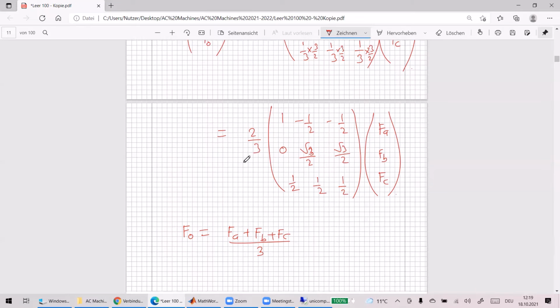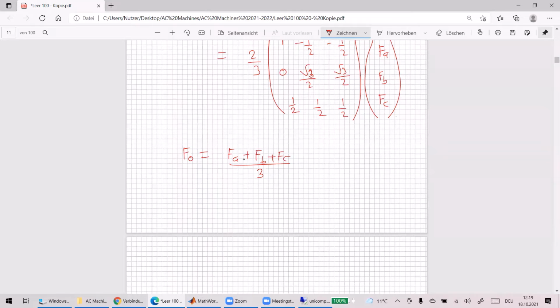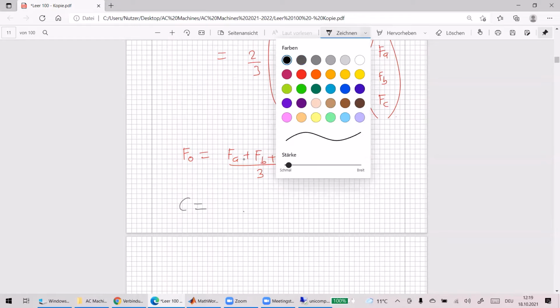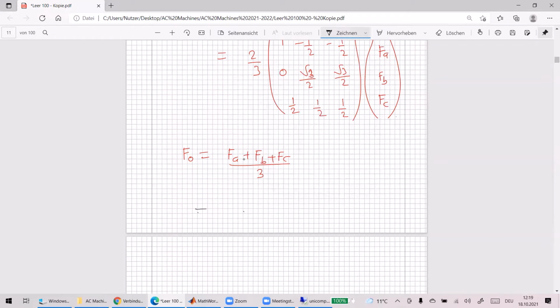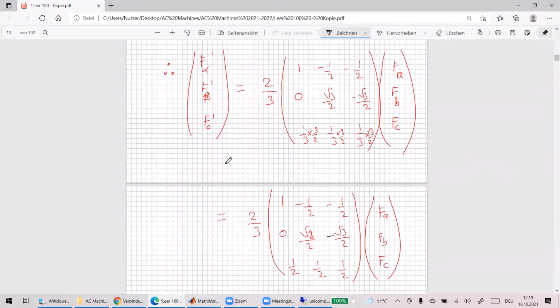Okay, so our new Clarke transformation matrix is C equal to 2/3, and it's 1 minus this thing, 0 √3/2, √3 by, this should be minus, yeah.